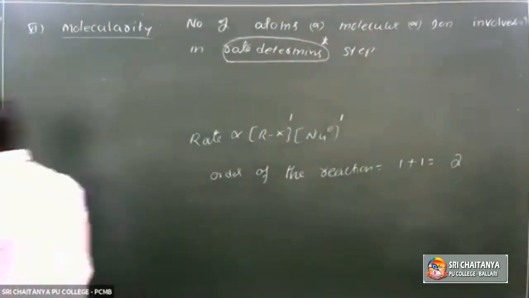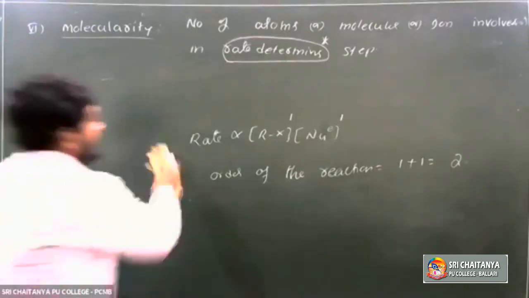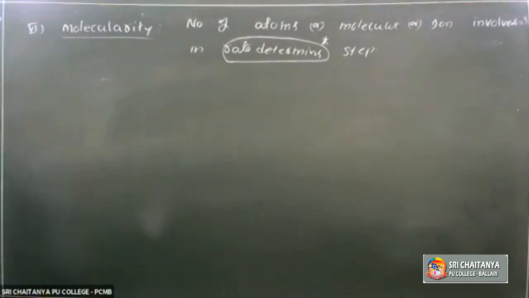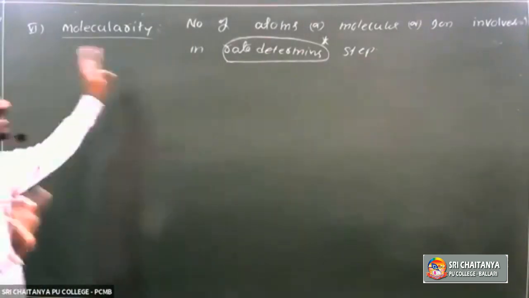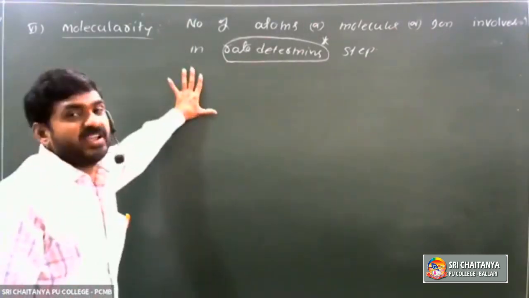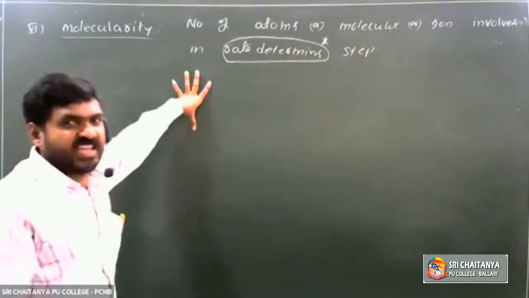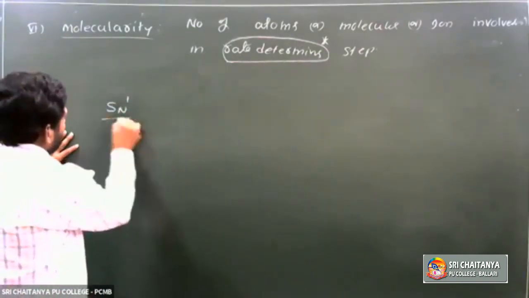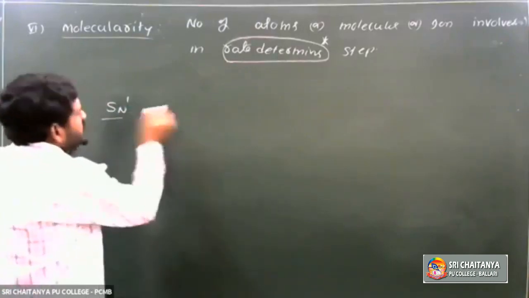What is the rate determining step? If the reaction takes place in several steps, more than one step, the slowest step is considered as the rate determining step. In the SN1 reaction, the reaction takes place in two steps.